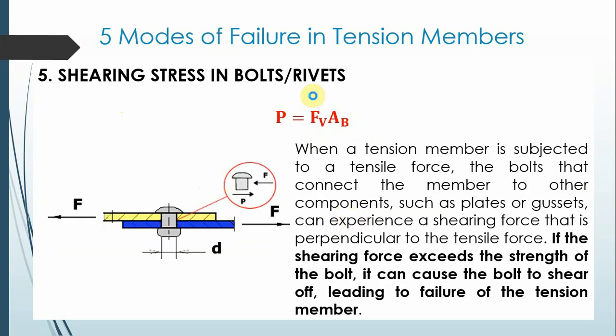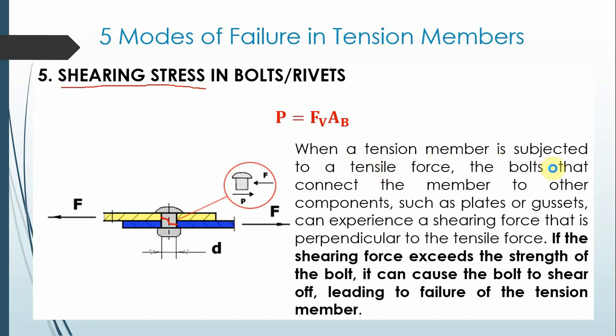Next is the shearing stress in bolts or rivets. This shearing stress will only happen in the bolts and rivets. The bolts and rivets can fracture, as drawn, in shear.